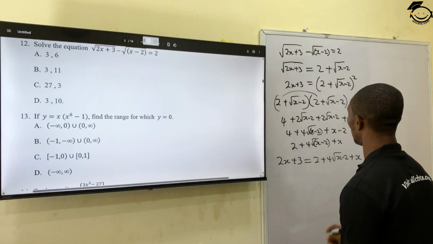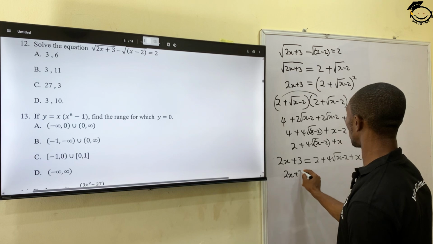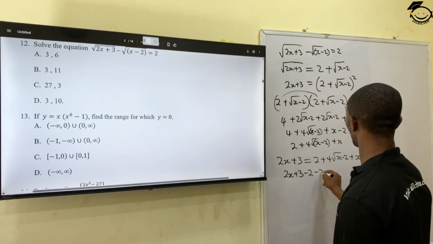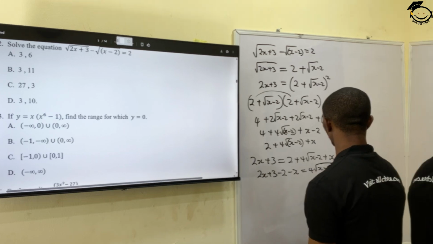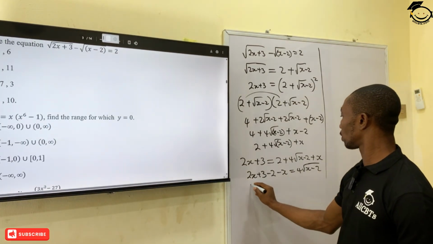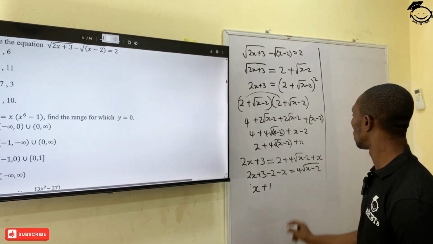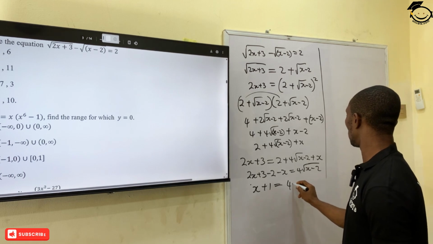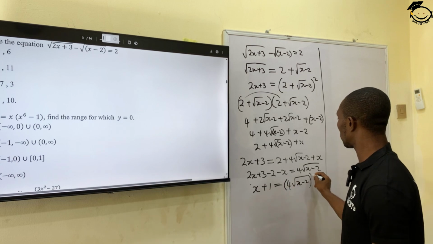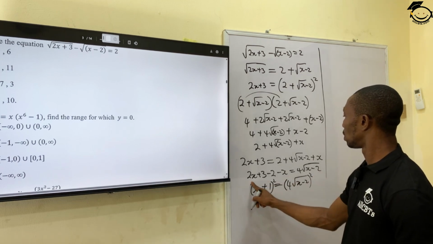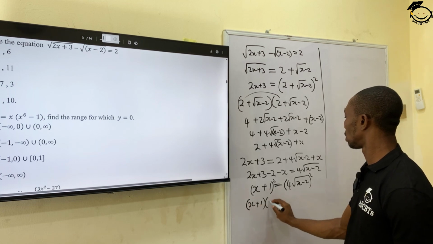Moving our common terms to one side, this becomes 2x plus 3 minus 2 minus x equals 4 root x minus 2. 2x minus x gives us x, 3 minus 2 gives us plus 1, so x plus 1 equals 4 root x minus 2. If we square both sides, this will give us x plus 1, x plus 1.